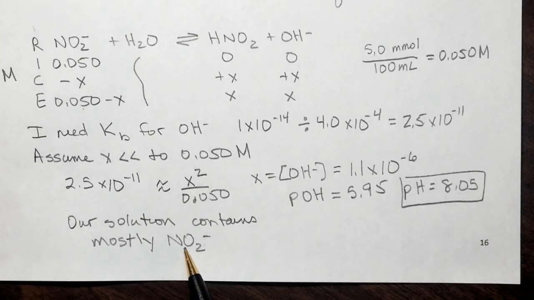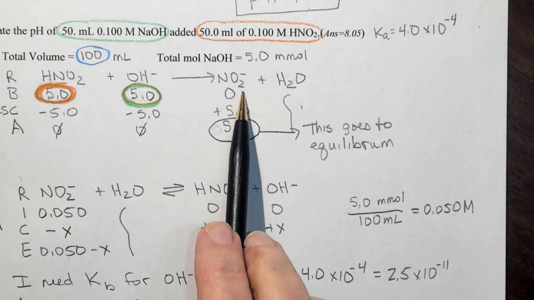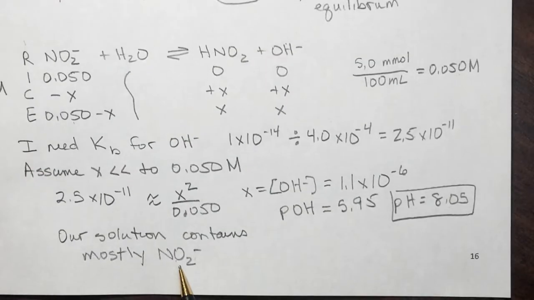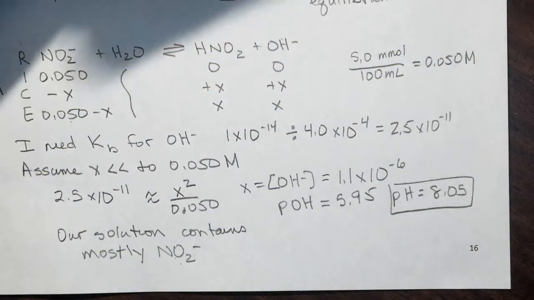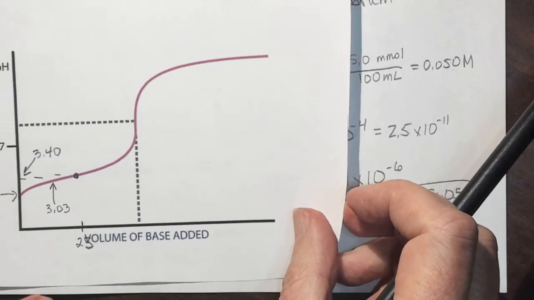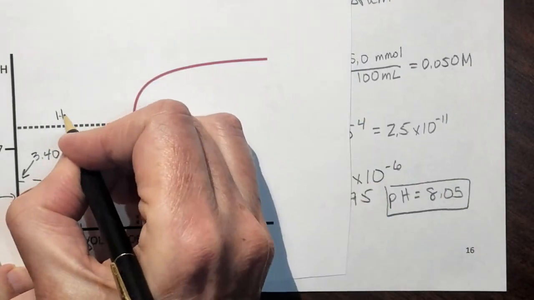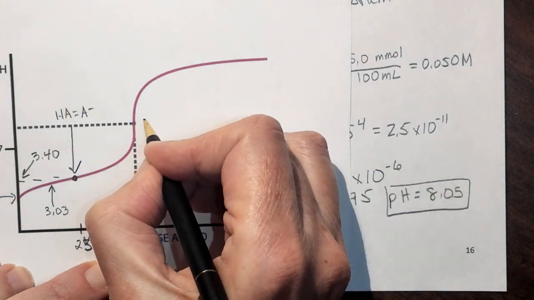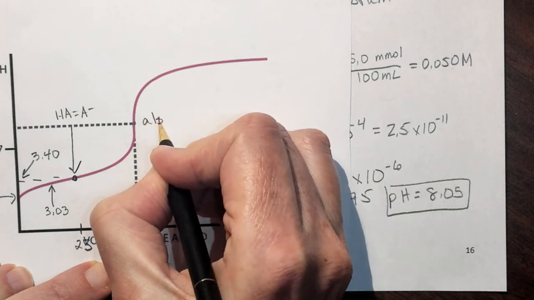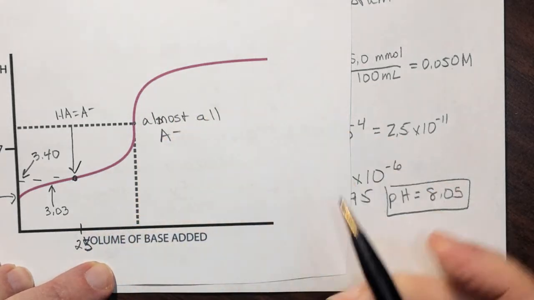What you're going to have remaining at the equivalence point is the NO2 minus, because if we go all the way back up here, what we have done is the reaction has gone to completion at the equivalence point. So we're going to have mostly NO2 minus at this point. So if we come back to our titration curve here, at this point right here, HA equals A minus. At our equivalence point, it's almost all A minus.